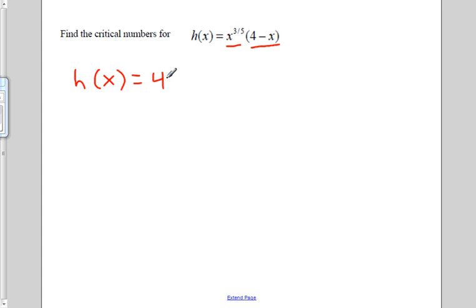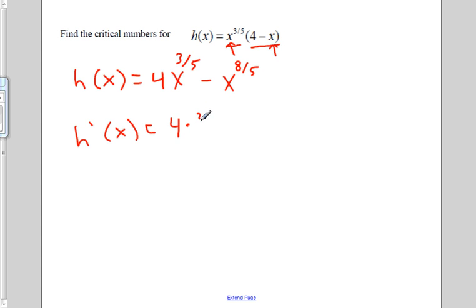If we do the distribution, we're going to get 4x to the 3/5 minus, when we multiply this by that, x to the 8/5.